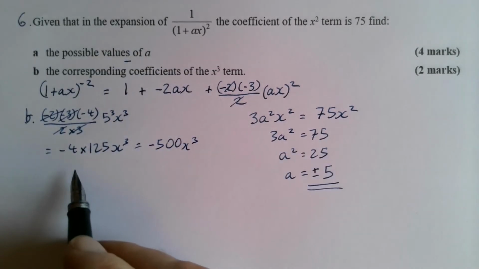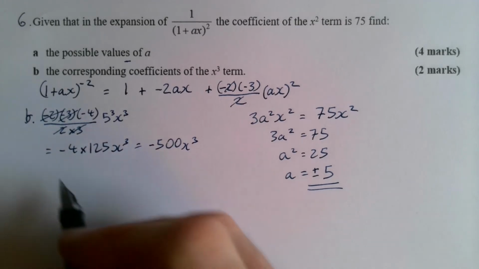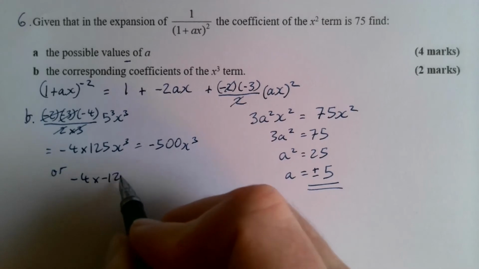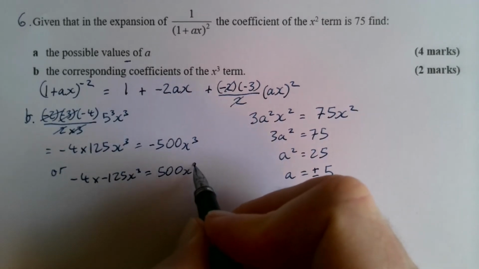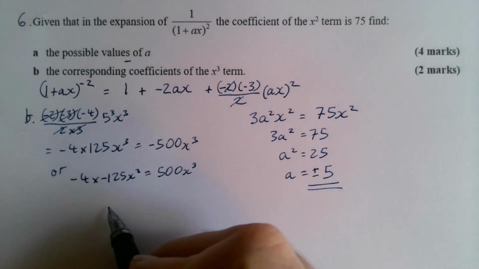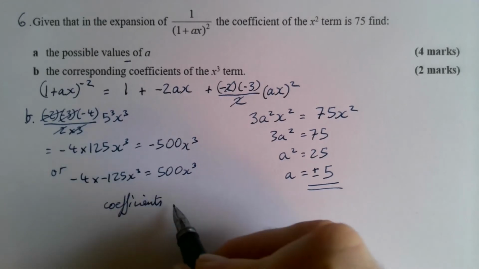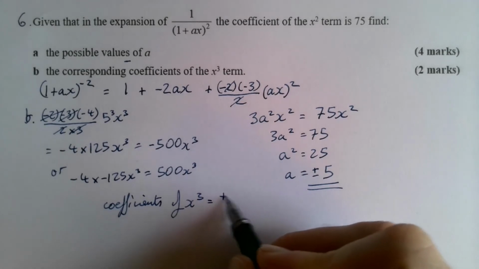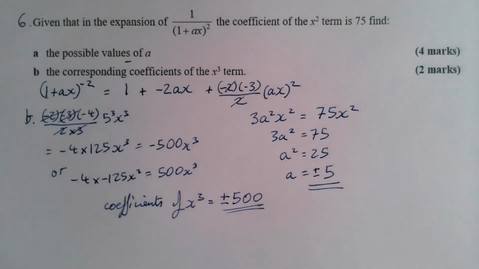And then if you were to use the other one, the negative value of 5, that would give you -4 times -125 x cubed, which is plus 500 x cubed. So the coefficients of x cubed are going to be plus or minus 500.